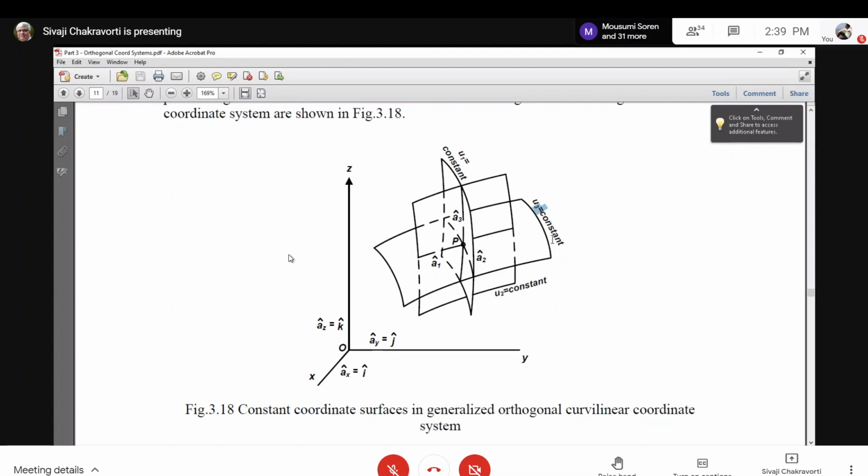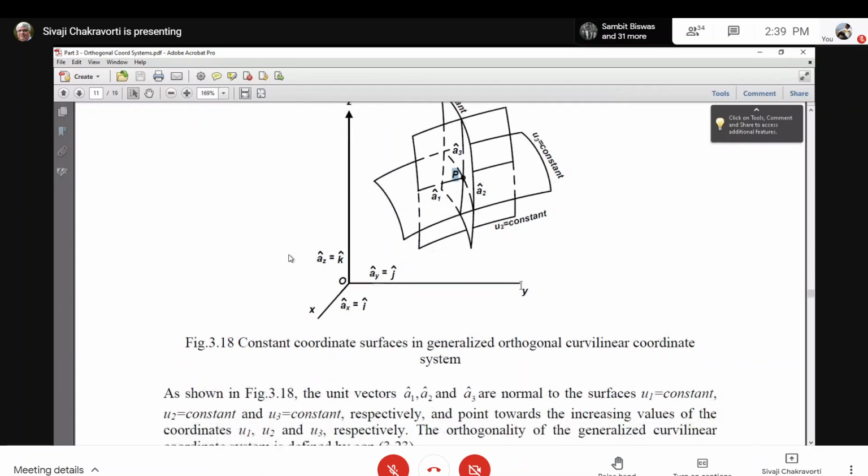These three are the axis lines, and they are orthogonal to each other at the point of intersection. The coordinate of this point P is therefore defined by u1, u2, u3. These are the constant coordinate surfaces.